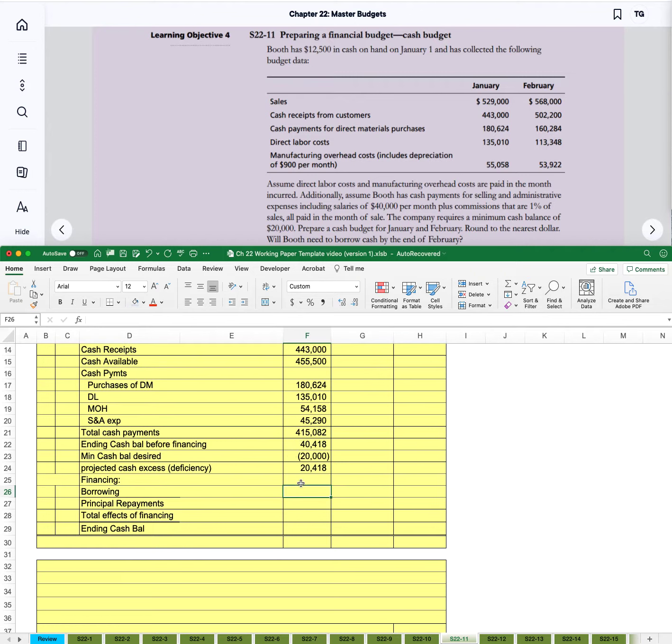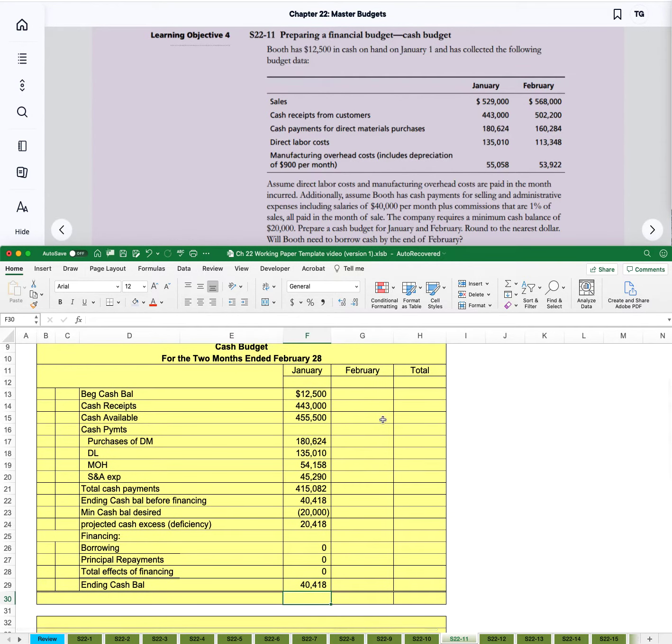We don't need to borrow. There's no repayment that needs to be made. And so there's no effect of financing. And so the ending cash balance is just our ending cash balance before financing, because there was no impact.